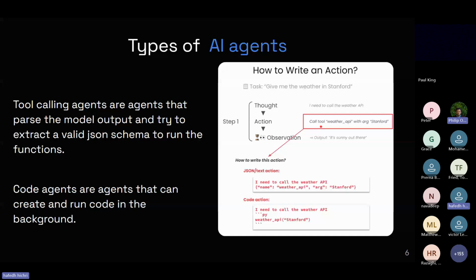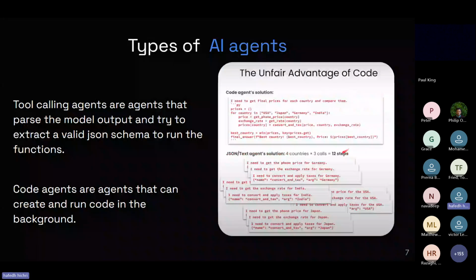If I proceed to a more complex example, if I'm going to ask an AI agent to give me the weather in the US, London, Paris, Germany, Tunisia, all in a single prompt. Usually if I'm going to go with tool calling, which is limited, by the way, tool calling is going to be a really bad use case in here.